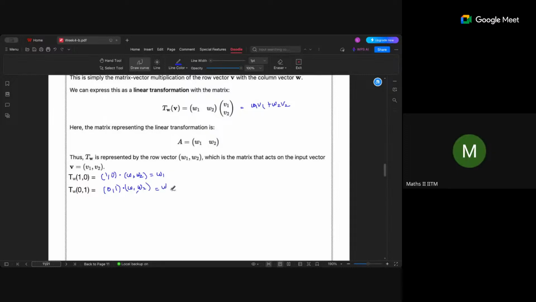So you see that your M of T_W has T_W of e1 and T_W of e2, which is nothing but [W1 W2]. That's all. So this is your M of T_W. Just the vector W itself, which is fixed, gives you the matrix. Okay, fine.